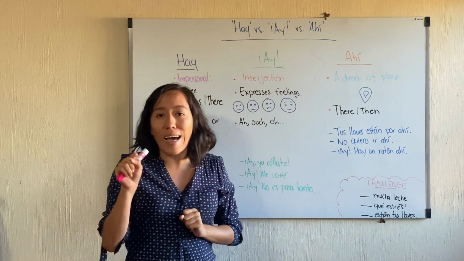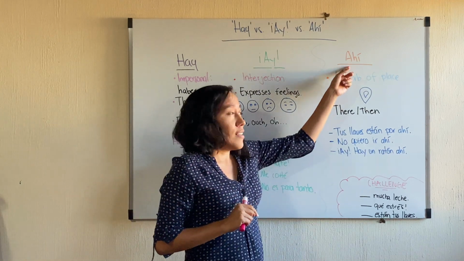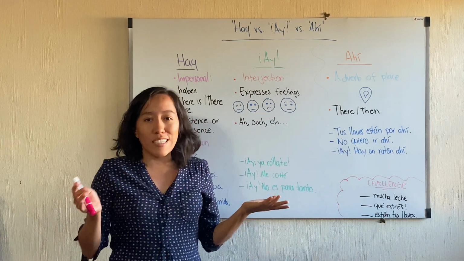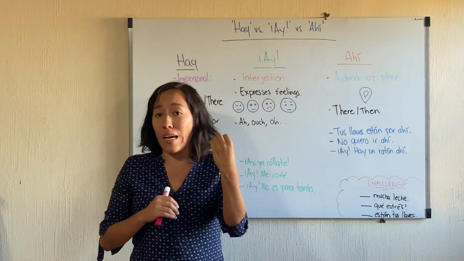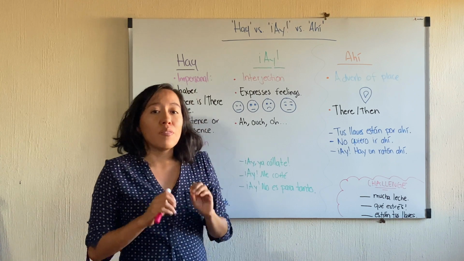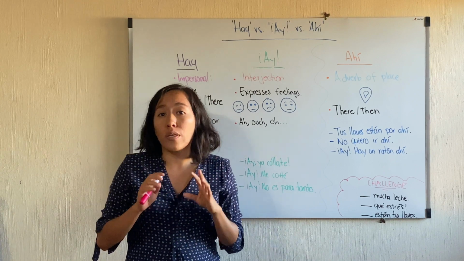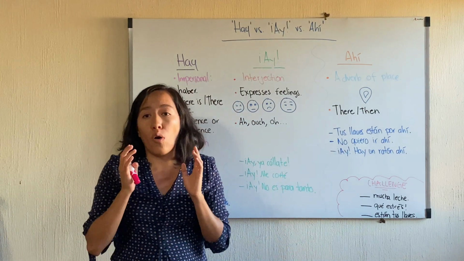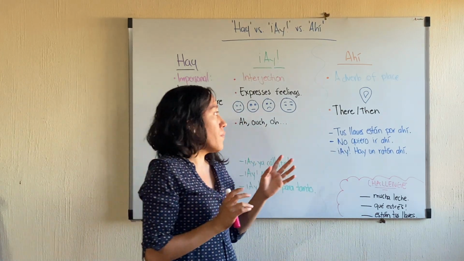Check the difference. Ahí. And ahí is an adverb of place. This means that you are going to use ahí to describe where something or someone is. It helps you describe the location of something or someone.